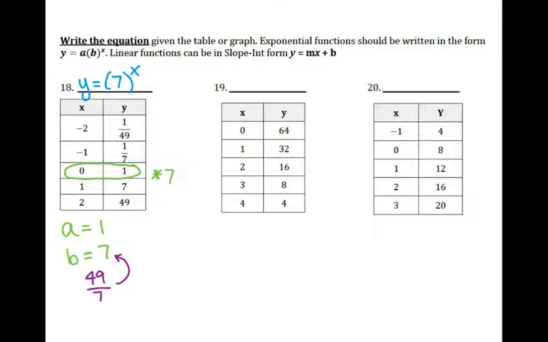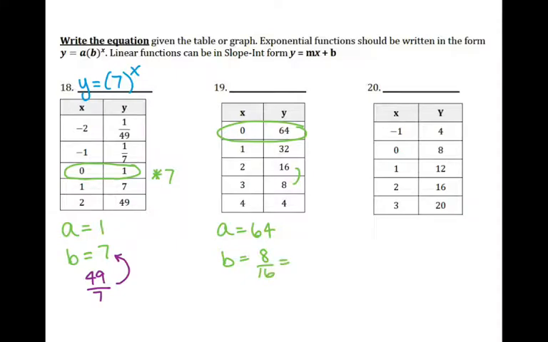Again, I'm going to start by finding my a. a is my y-intercept, which in this case is 64. Now for my b, again, I'm having a hard time figuring out what I'm multiplying by every single time. So what I'm going to do is take any y value, I'm just going to go with 8, and divide it by the one before it.